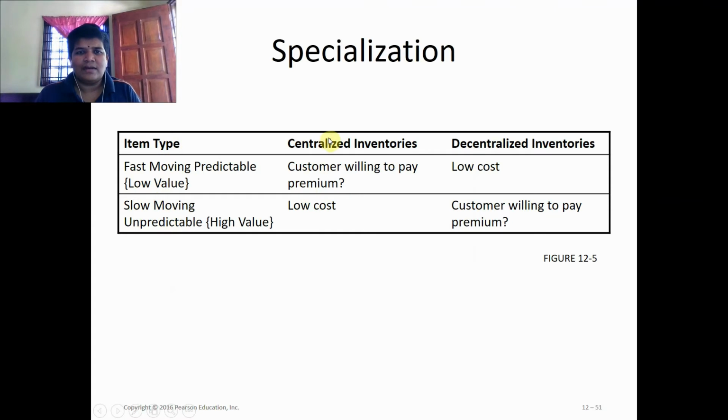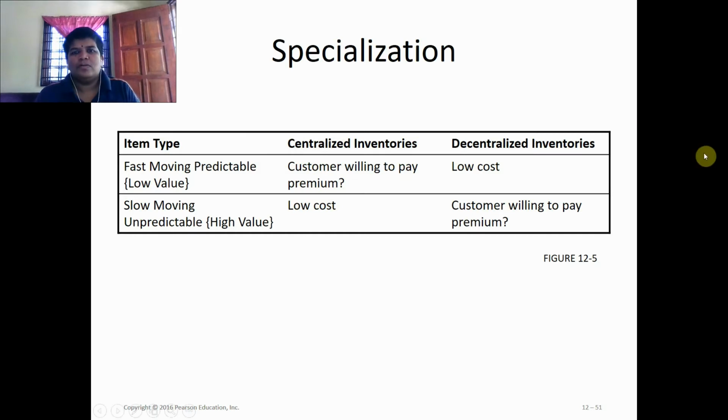So if the inventory is centralized, are customers willing to pay a premium or not? You have to know. Customers in certain locations, urban, are willing to pay. Rural, maybe they are not willing to pay, so we have to see. As a manager of logistics or supply chain, you should know your customers.